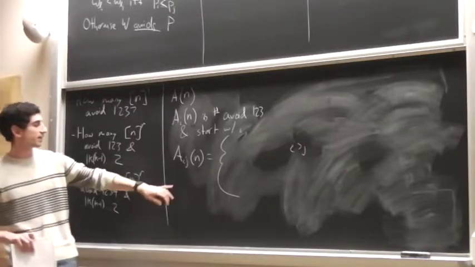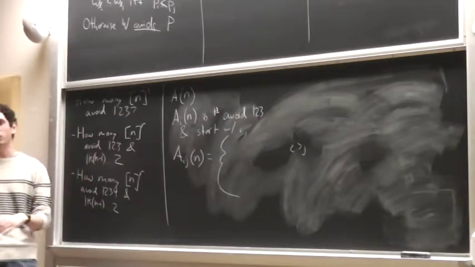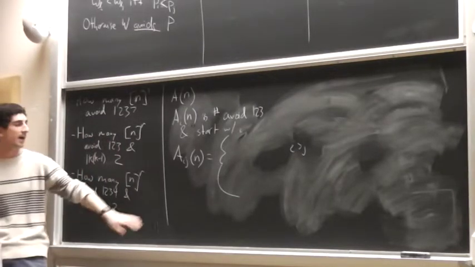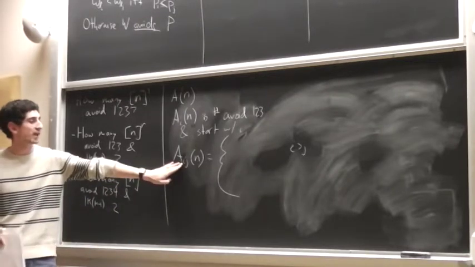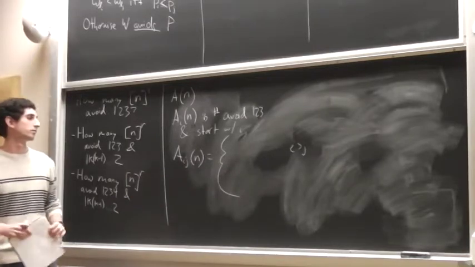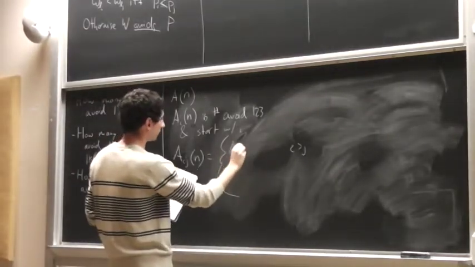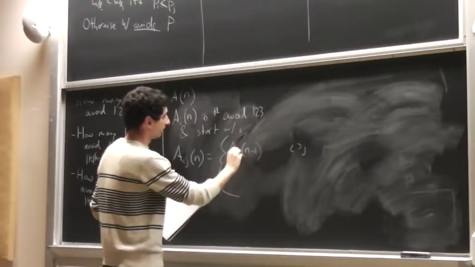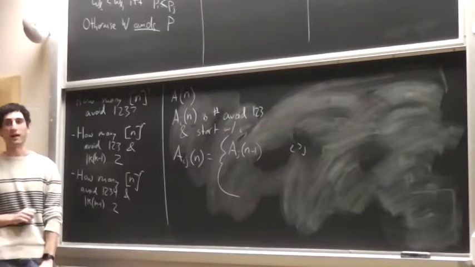Well, if I were ever to be part of a 1, 2, 3 pattern, I could use that 2, 3, add on j, and make another 1, 2, 3 pattern. So I will never uniquely cause a problem, and I can just forget about it. And so this is going to be equal to A j of n minus 1, because I'm forgetting entirely about I.